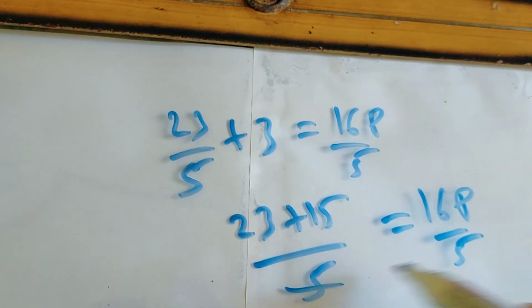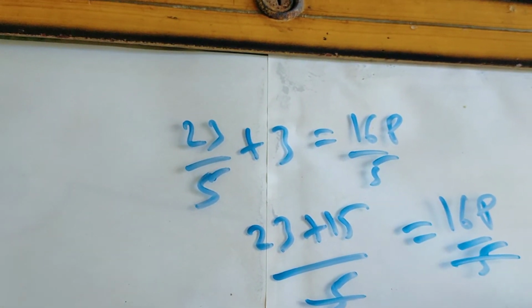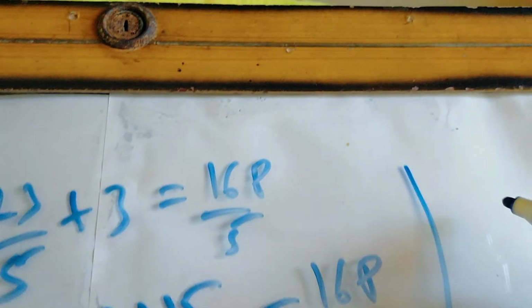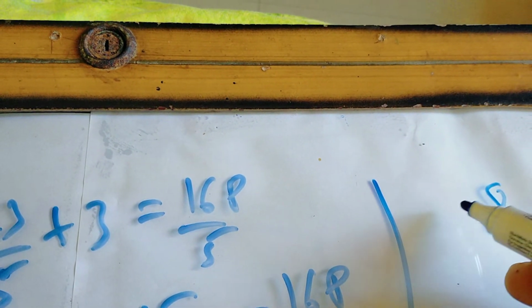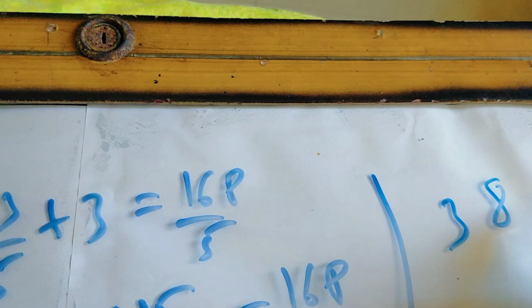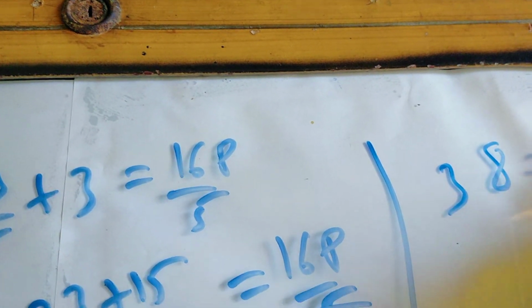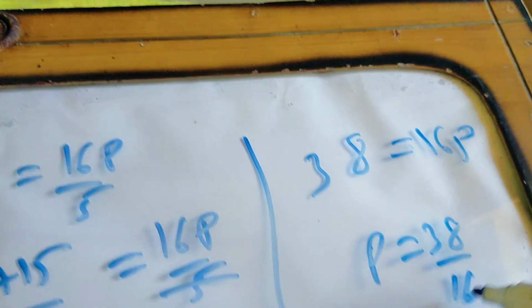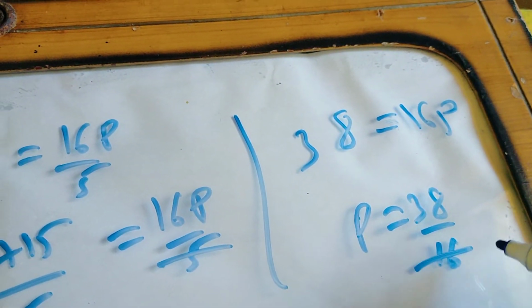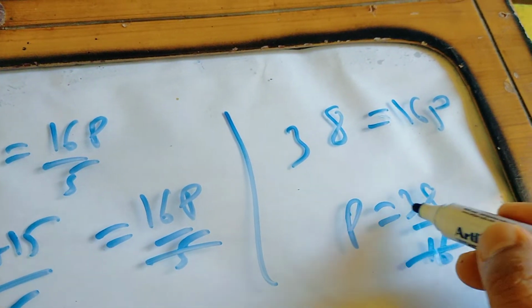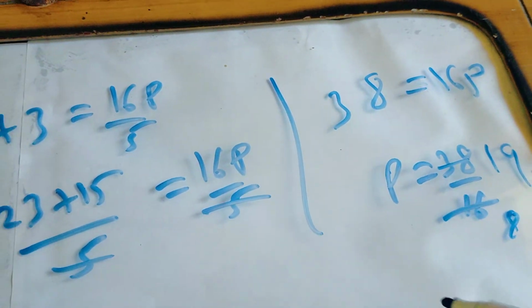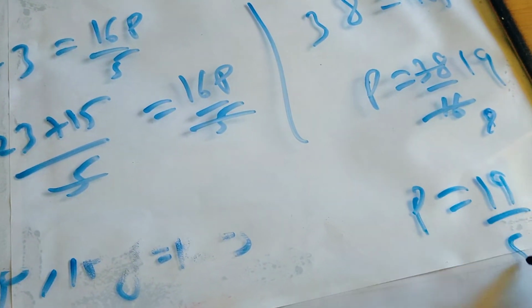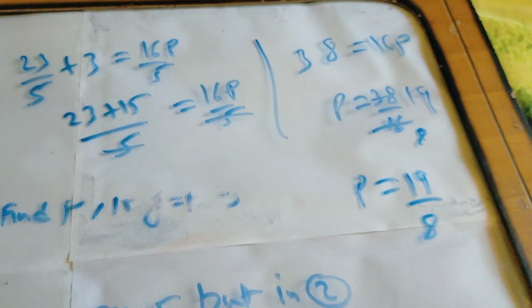So this 5 is cancelled out by this 5. So it will be 38 is equal to 16p, and finally p is equal to 38 upon 16. It is 2 8s are 16, 2 19s. So the value of p will be 19 upon 8. It is the final answer.